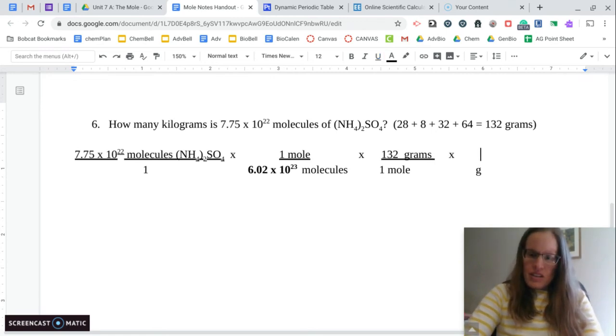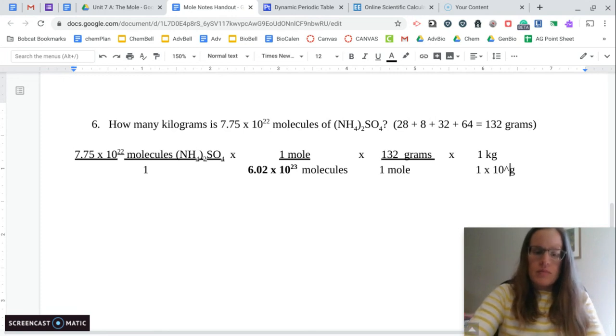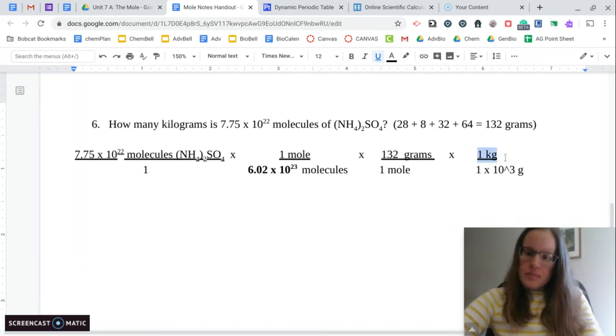So grams to kilograms. Remember, kilograms is the bigger one, so kilograms will be 1. And then if you look at your conversion card, this is 1 times 10 to the 3rd grams in 1 kilogram. And then you're going to plug that in your calculator. I'll let you guys do that on your own. You'll do this number divided by the 6.02 times 10 to the 23rd, times 132, divided by 1 times 10 to the 3rd.